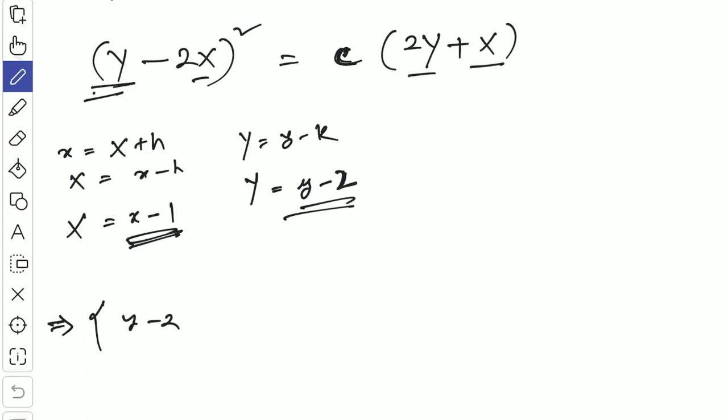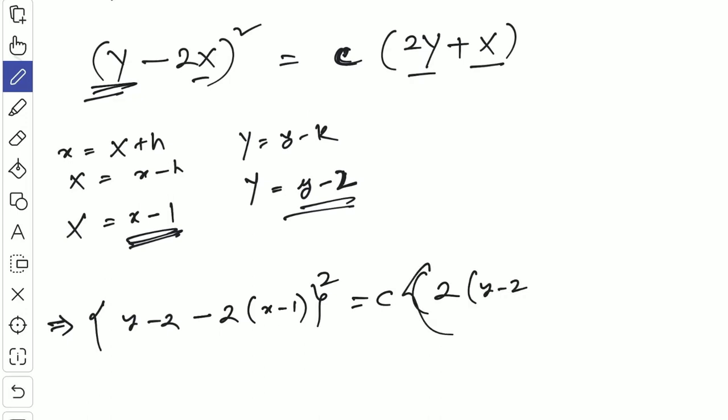So this capital Y is replaced by y minus 2, and minus 2 into x is replaced by small x minus 1 and whole square. On the other side, c twice y is small y minus 2. So let me use a curly bracket here. Then plus x is small x minus 1. So that's what we have got.